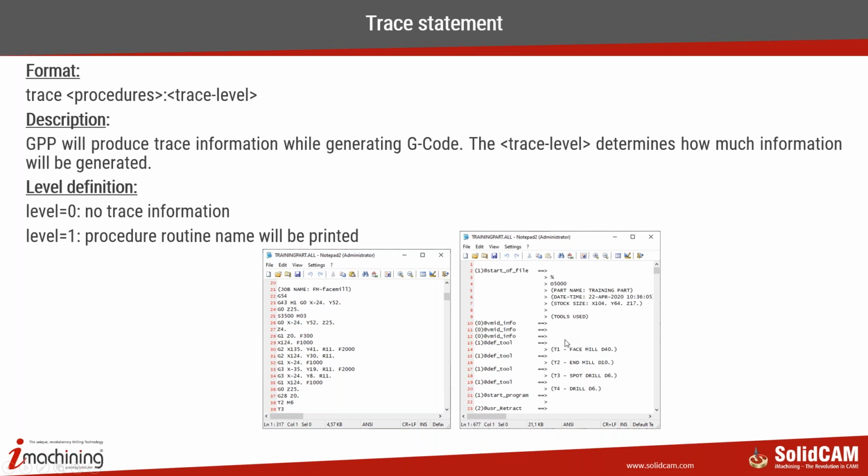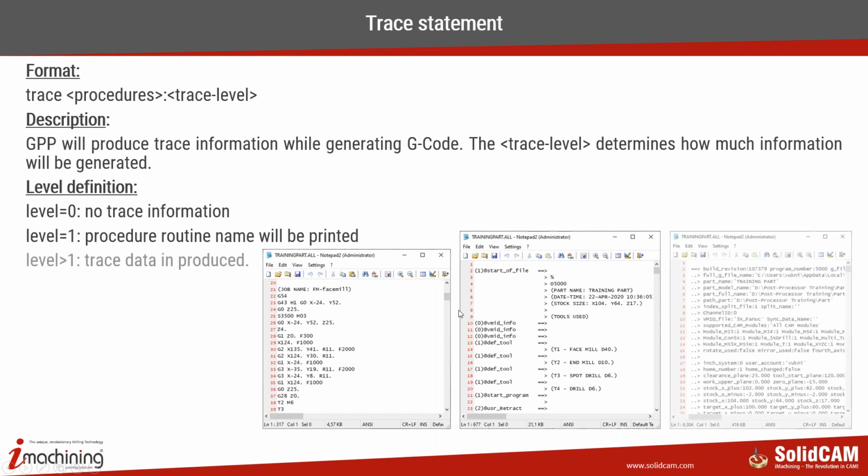So all the procedures that are used and what is printed from each of that procedure is shown in the trace level 1. And if the trace level is more than 1, maximum is 5, you will get, like you see in the picture, a lot of variables and a lot of information. Now, let's add the trace statement to our post-processor.